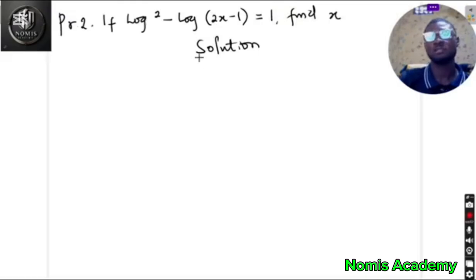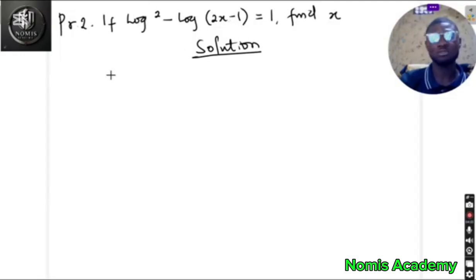Without wasting our time, logarithm seems to be simple once you know the laws and you know how to apply them. So what do we do now? We begin to think. This log does not have a base, so we assume a particular base for them. But we have log here, and we do not have log at the right hand side. So we're still going to apply the laws of logarithm.